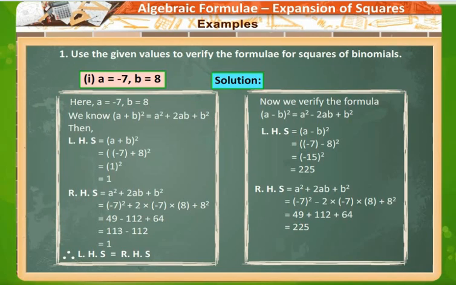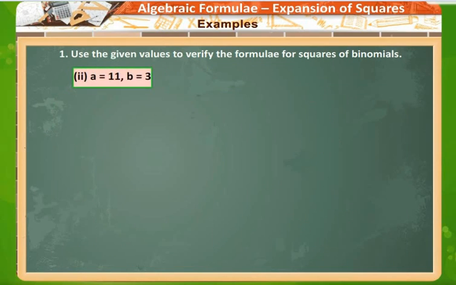Now when we do the calculation, we get that the left hand side is equal to the right hand side. This indicates that again this formula is verified for the values a is equal to minus 7 and b is equal to 8. Same we will apply now. A is equal to 11 and b is equal to 3.